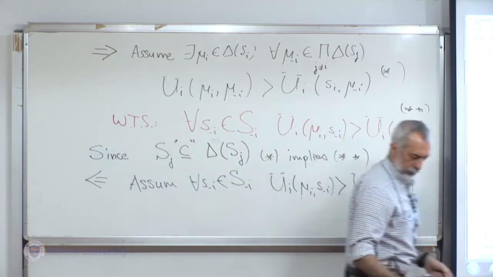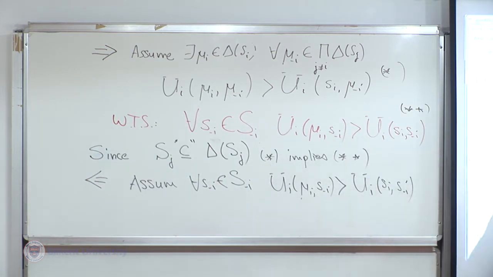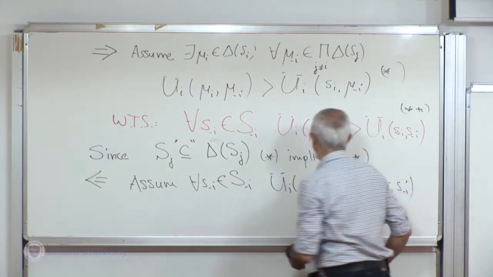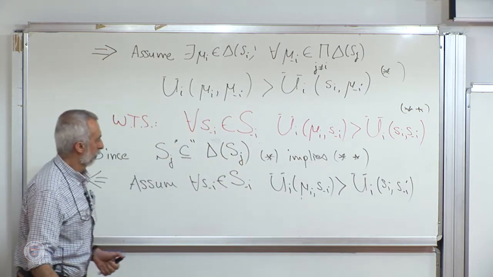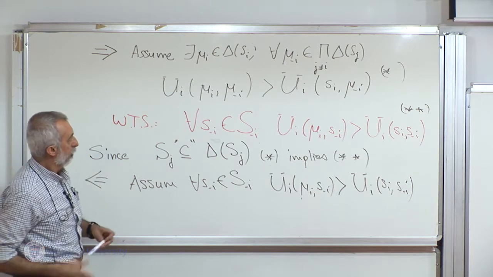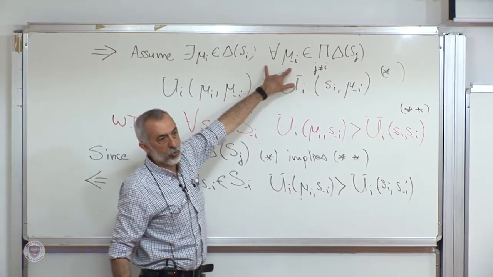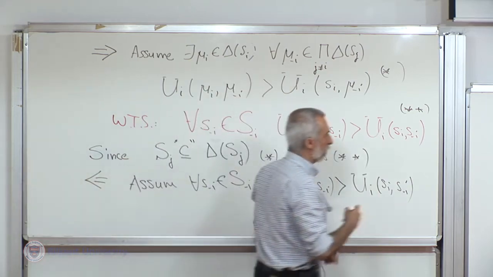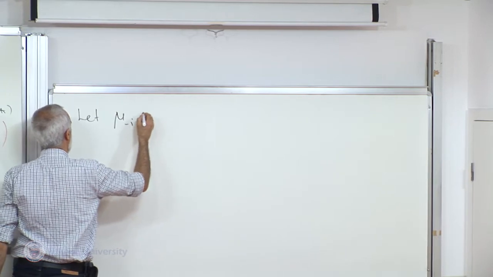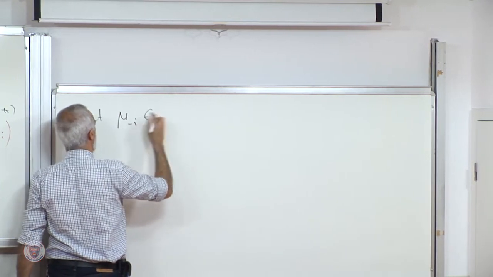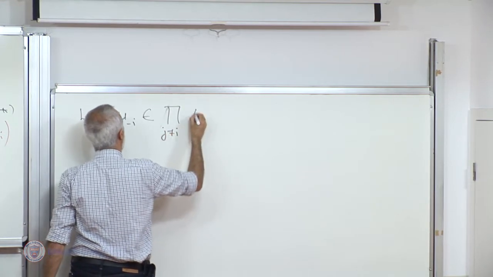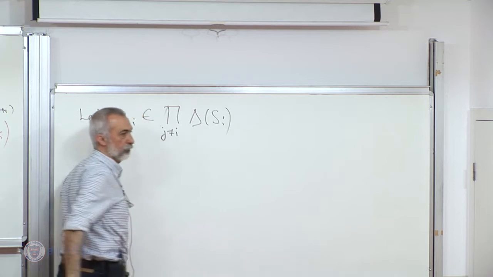Let me put this away for now. So how do we do that? Well, that's what we want to show. That's a universal statement on mu minus I. So I'll start by saying let mu minus I be a mixed strategy profile of the opponents of agent I. Okay?